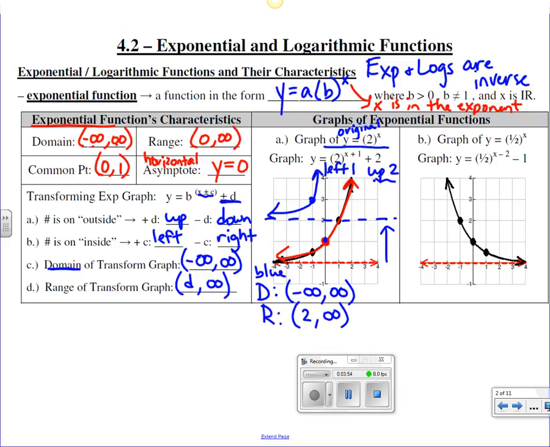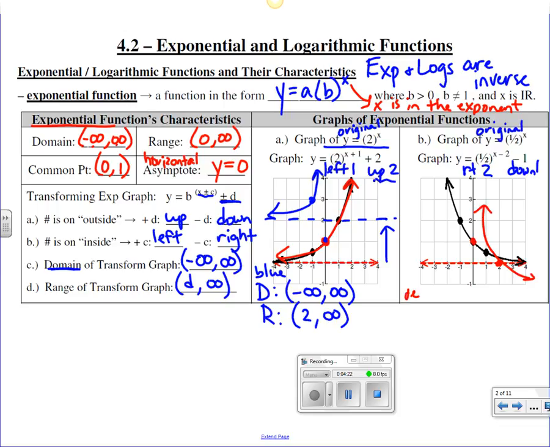All right, over here you have your original 1/2 to the x. This one's a decay, so it's going down. And the transformations are down 1 and right 2. So start at your point right here, 0, 1, and go down 1, right 2, and then draw your new curve.